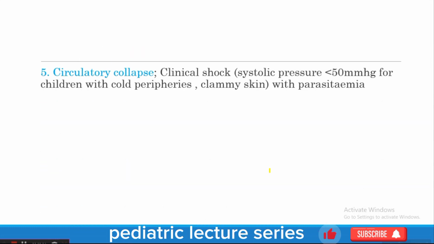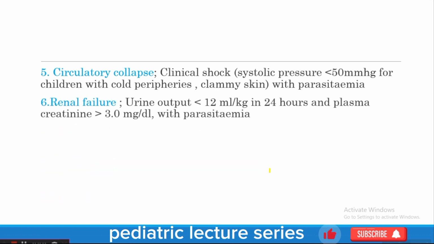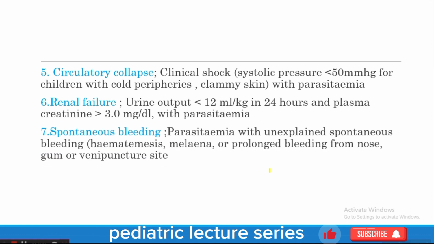And then you also have circulatory collapse, that is shock. Patient will present with cold extremities, of course. Then you also have renal failure, that is urine output less than 12 mLs per kilogram in 24 hours.